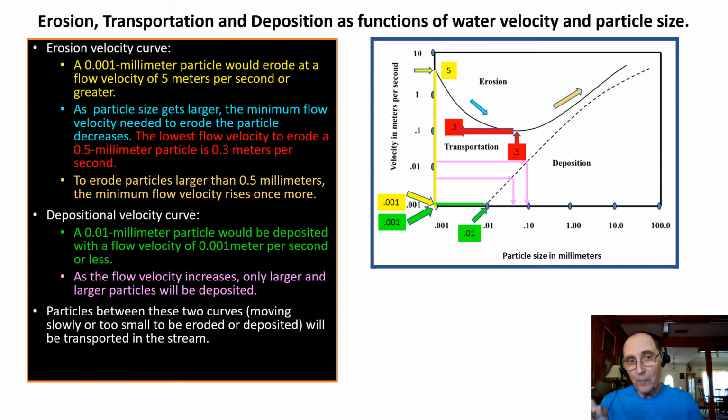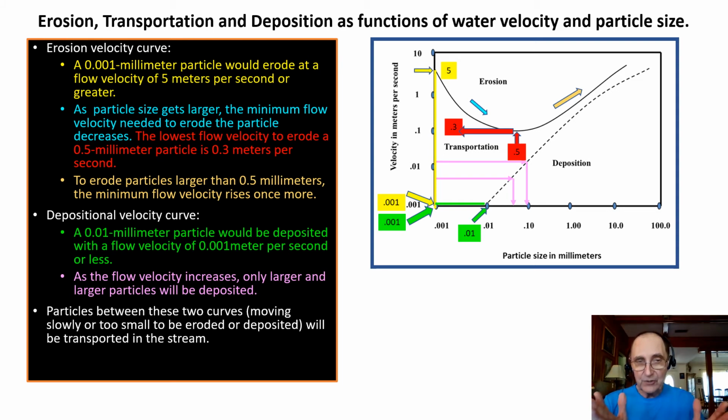Now, that's up to a point. The lowest flow velocity, for example, to erode a 0.5 millimeter particle is about 0.3 meters per second, as shown in red. To erode particles larger than 0.5 millimeters, the minimum flow velocity rises once more. That's shown by the orange arrow.